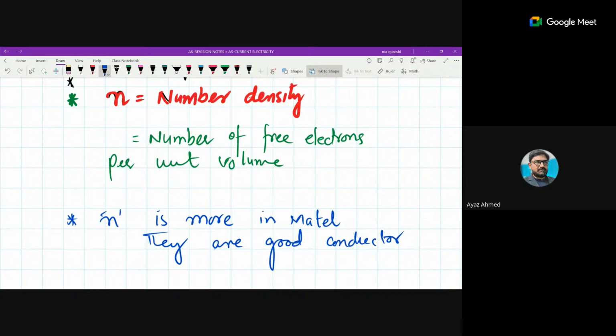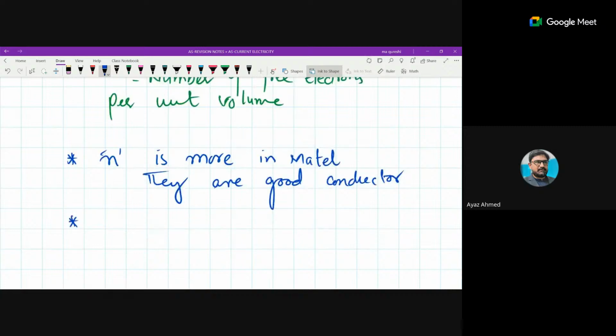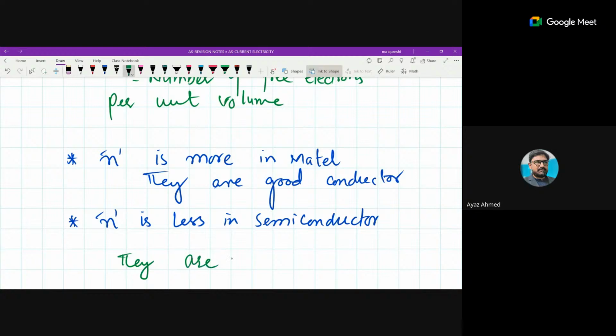And N is less in semiconductors. Semiconductors are basically those which have a small number of free electrons per unit volume. So they are not good conductors. They are medium conductors, actually, intermediate conductors.